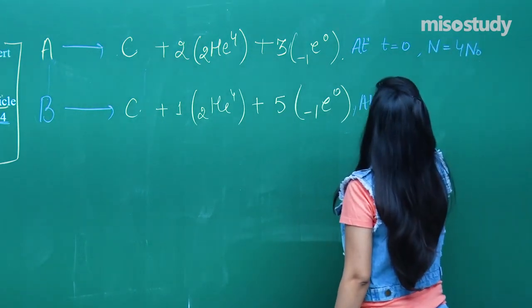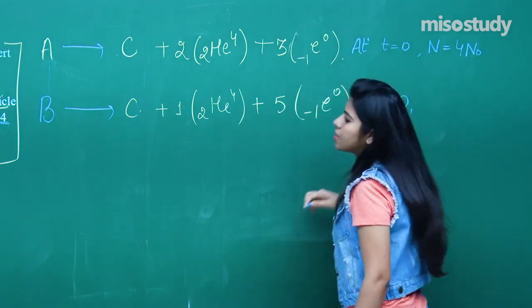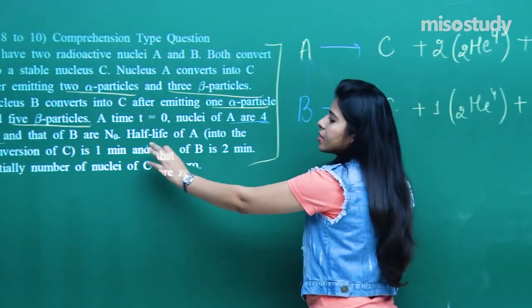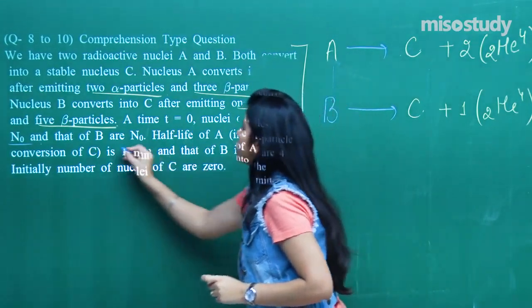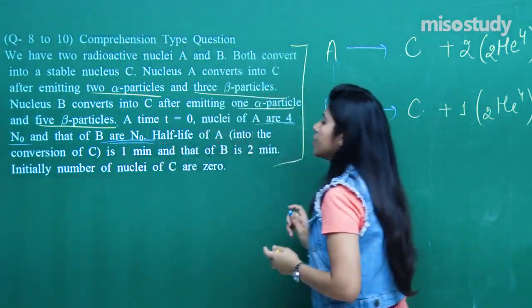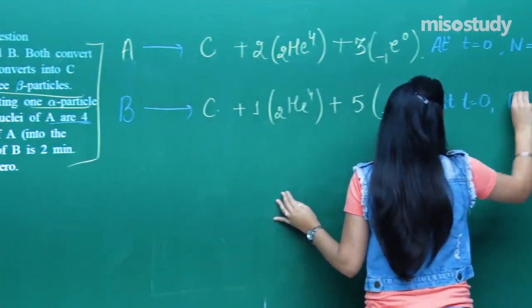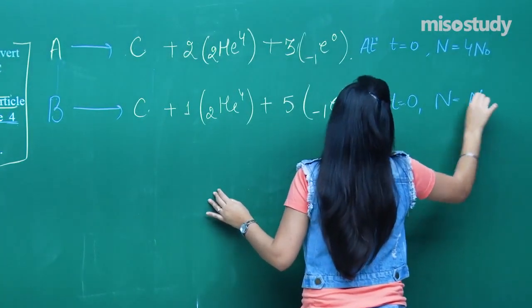And for the case of B nuclei, we will see that at time t equals to 0, B are having N naught atoms. B are N naught nuclei. So we will write here N equals to N naught.